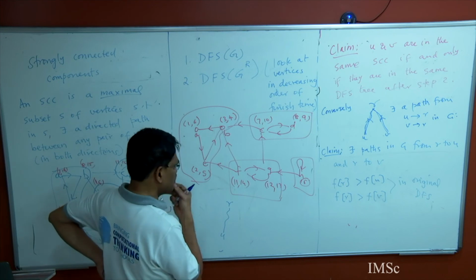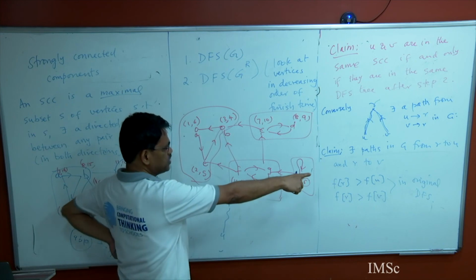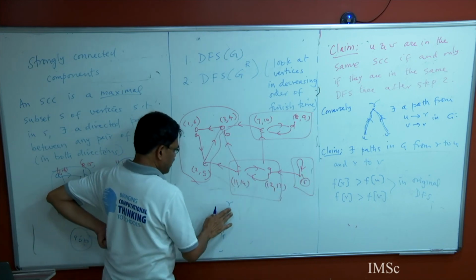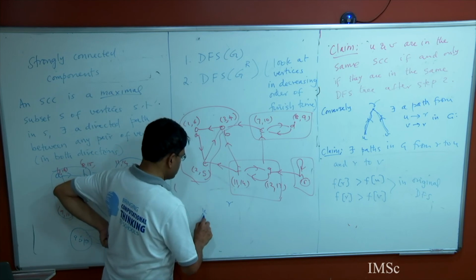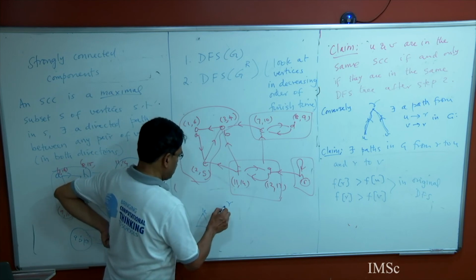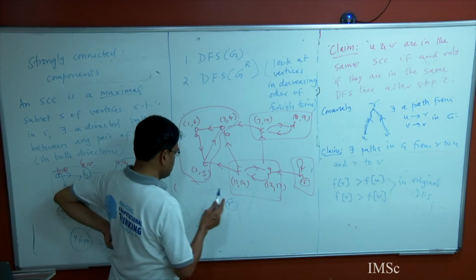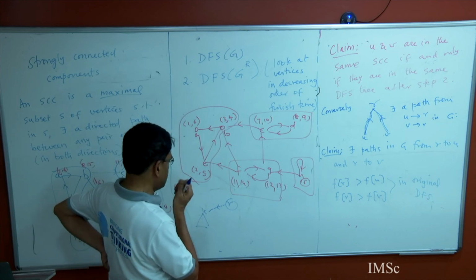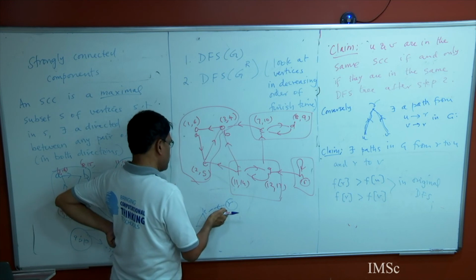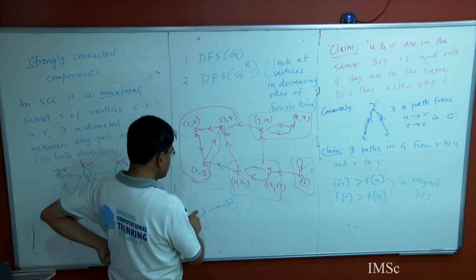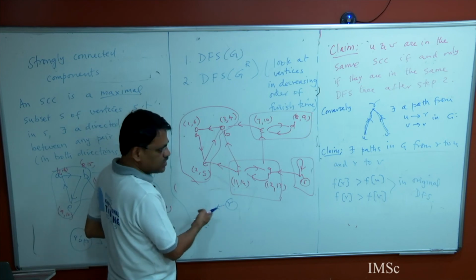That R finished before U. Sorry, U finished before R. That means that U was some black vertex, it's finished, and R finished much later. That means that there is really no R to U path.